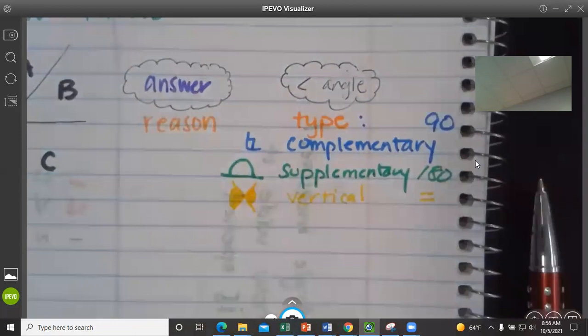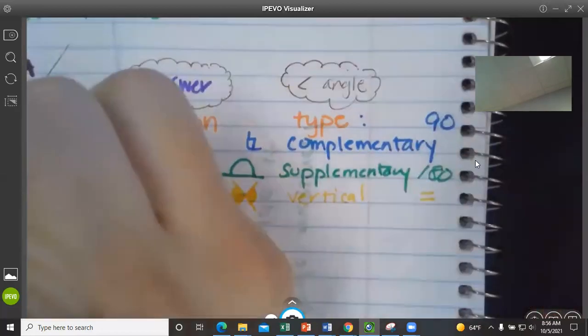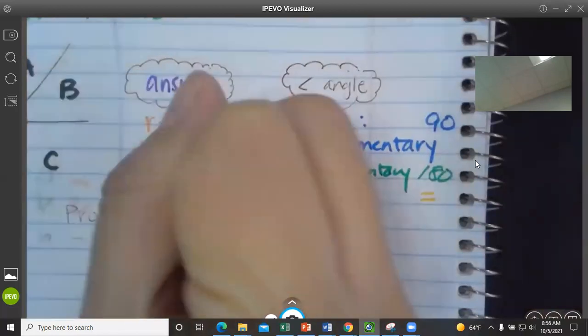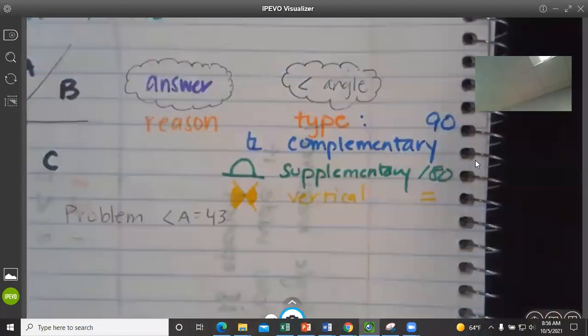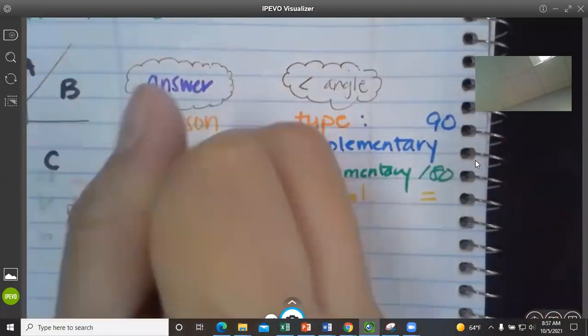All right, so we're going to do an example. Now, in the problem, they told you angle A was 43. And then you had to solve for B, right?